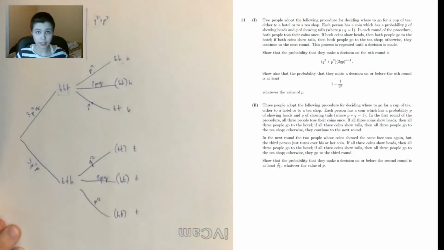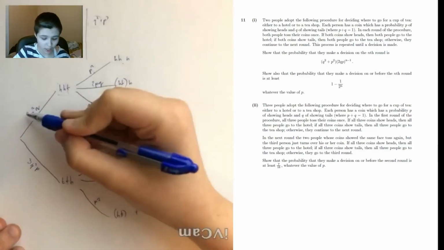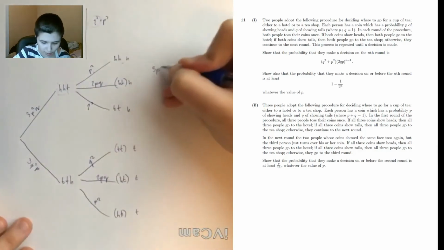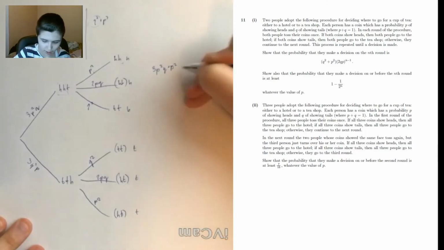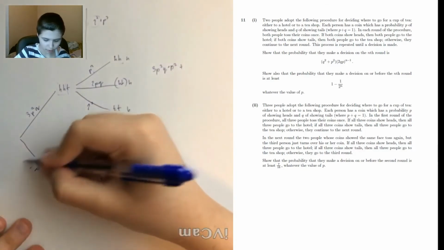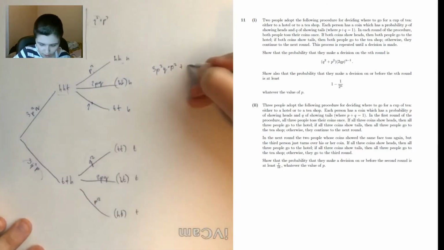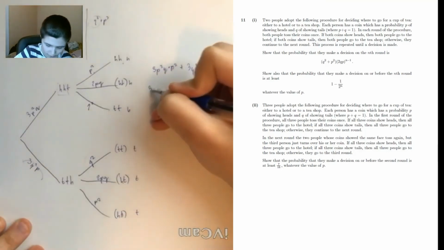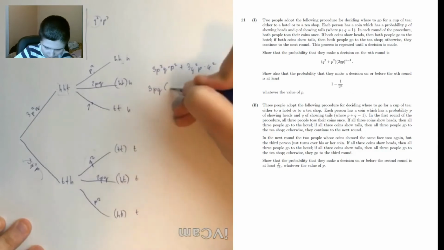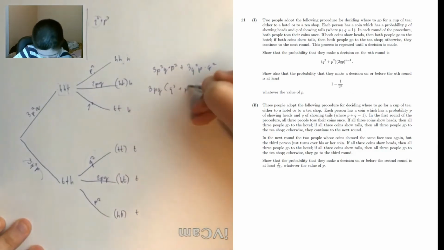And so the probability that they make a decision on the second round is going to be 3p squared q times p squared plus 3q squared p times q squared, or 3pq times q cubed plus p cubed.